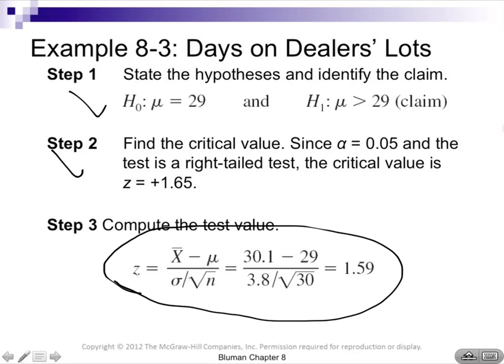So if you remember, you're going to draw your curve. You're going to locate here's your mean, here's your value at alpha 0.05. And remember that means we have a right-tailed test here.